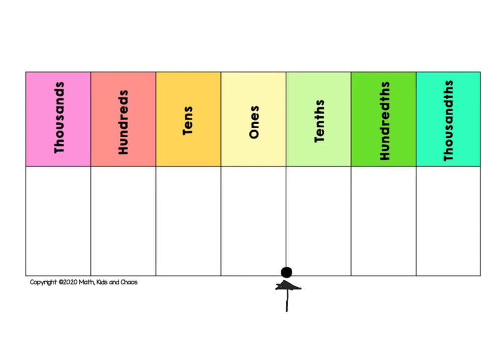So for example, the number 1 and 1/2 is in between 1 and 2. Okay, and it's represented as a fraction, 1 1/2. As a decimal, it can be written as 1.5.